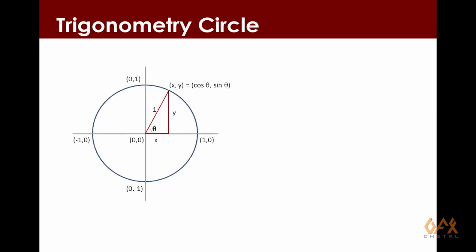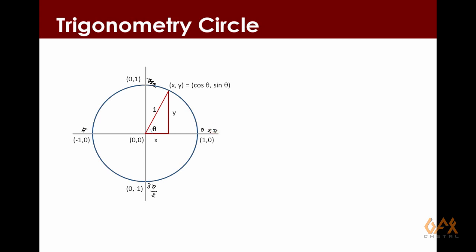So this is my unit circle, where my origin is 0 0, and these points are 1 0, 0 1, minus 1 0 and 0 minus 1. This is 0 degree, this is 90, 180, 270, 360. If I consider this as pi, then this is 0, this is pi by 2, this is pi, this is 3 pi by 2, and this is 2 pi.